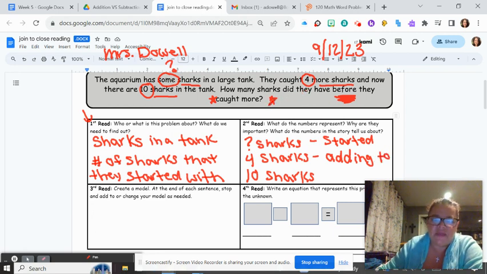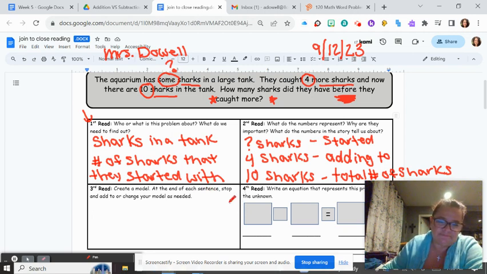And then the 10 sharks says, and now there are 10 sharks in the tank. So that's my total number of sharks. Okay, all right. That was my second read.